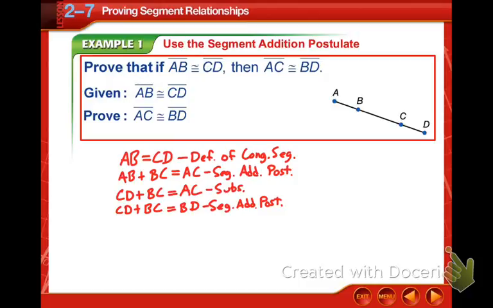Now we know that using the transitive property, which if you don't know means that we can take the middleman out, right? Here we have CD plus BC equal to AC and CD plus BC equal to BD, which means that AC is equal to BD. And this is using the transitive property.